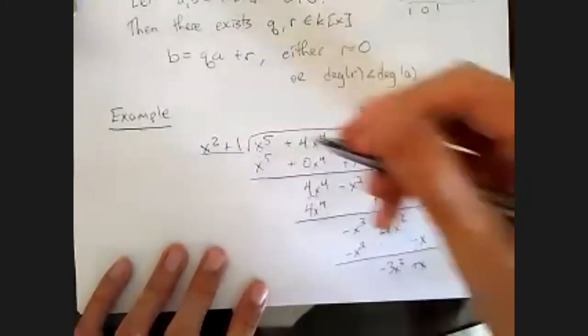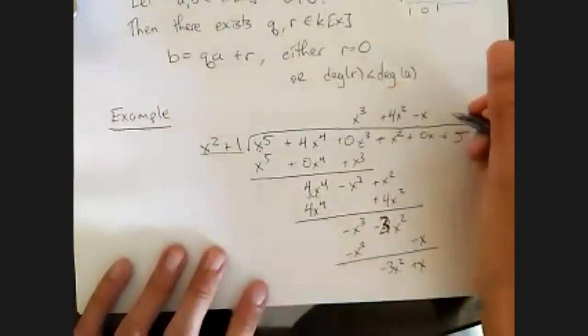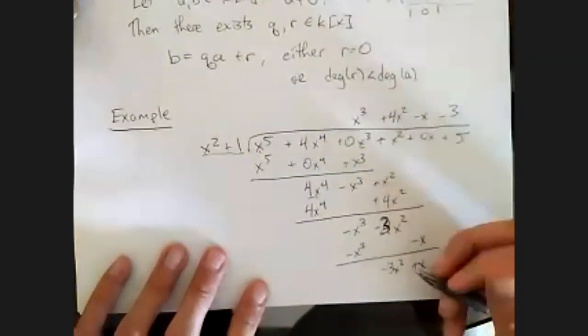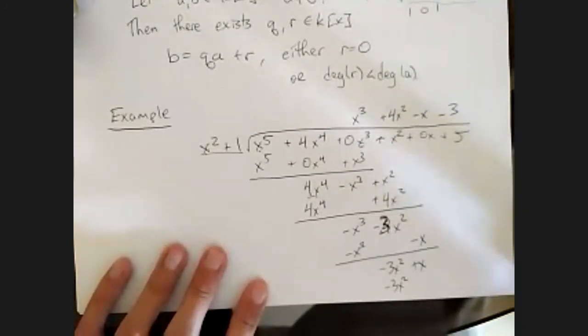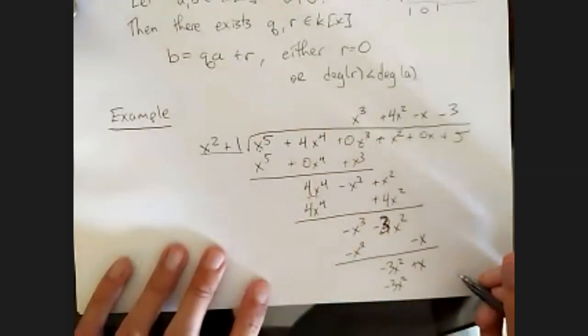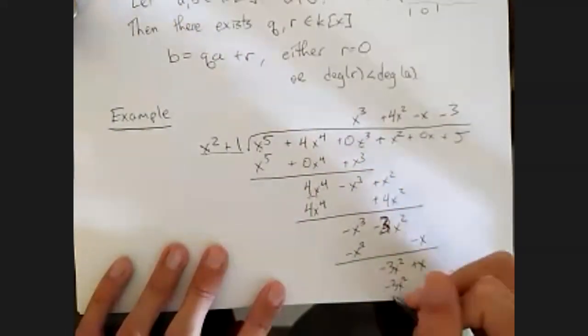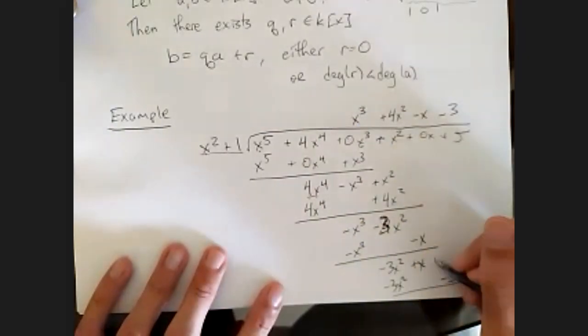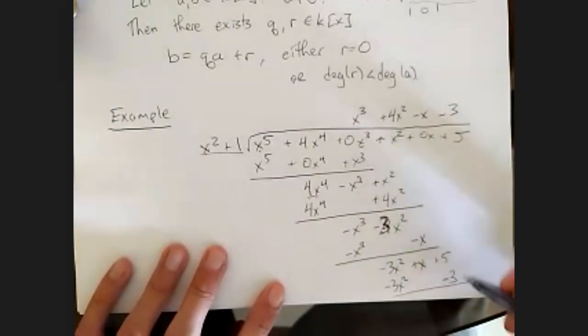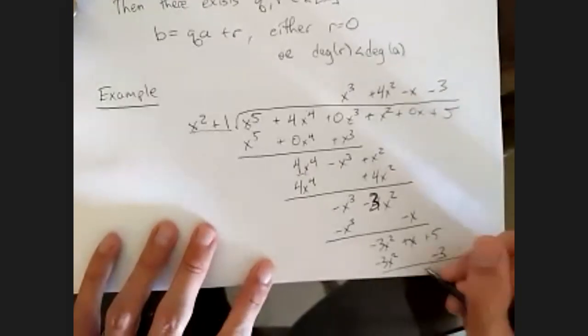And then I have minus 3, and then minus 3x squared minus 3. So I have a remainder of x plus 5 minus 3. I get x plus 8 as my remainder.